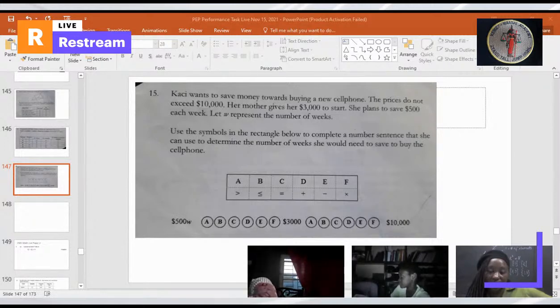So we could put an equal, or the less than or equal to. That would still make sense. So $500 W plus $3,000 from mom should be equal to, or less than or equal to, $10,000. Does that make sense? Yes, Miss. It doesn't make sense, Amari?